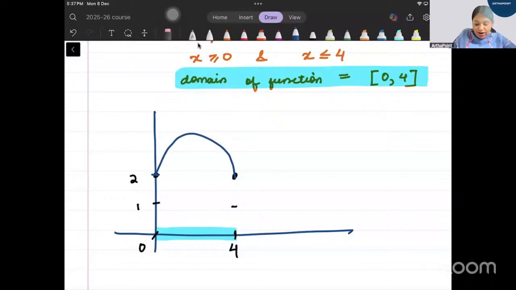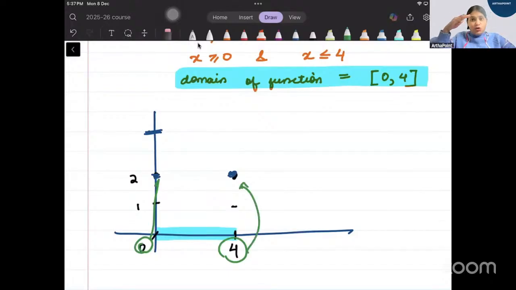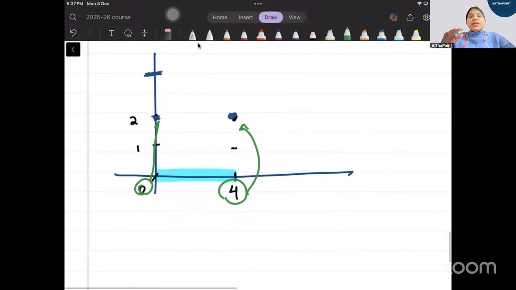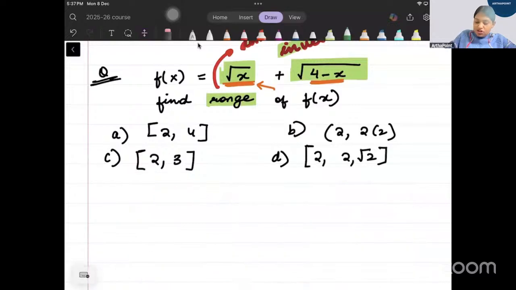If it goes like this, the values of y will be either at most 2 or below 2. Right? So once we have understood that at 0 it is 2 and at 4 it is 2, the best way to find whether the value of y in between is above or below 2 is to find the maxima and minima of the function. Right? So we go ahead and differentiate the function. This is the last step, in which you find the maxima and minima of the function.